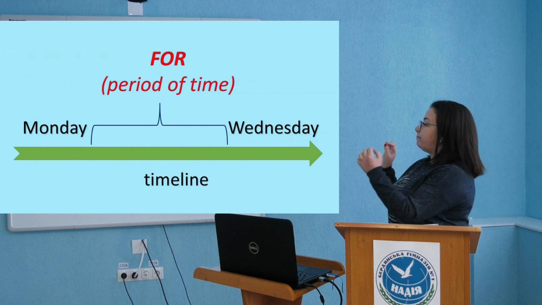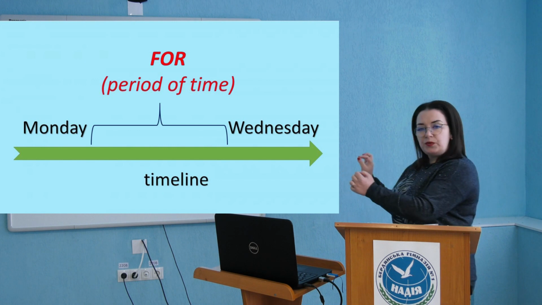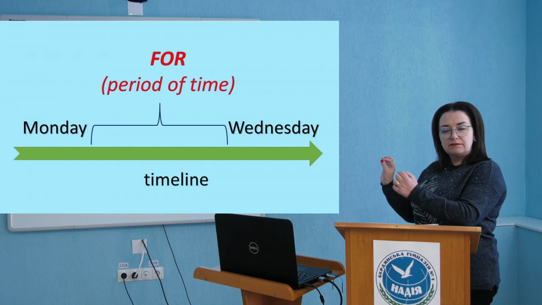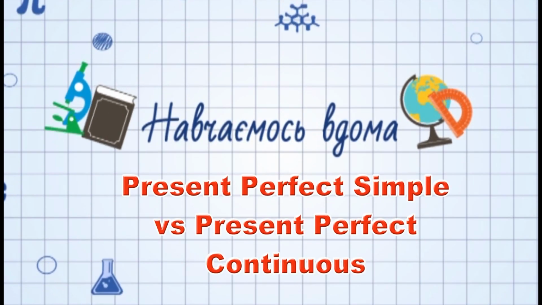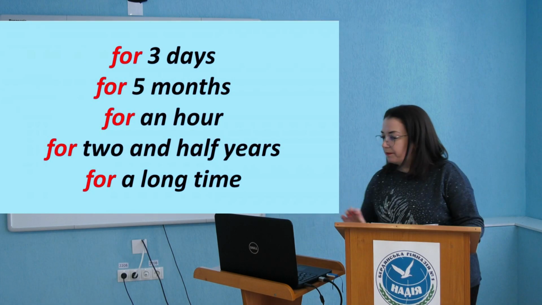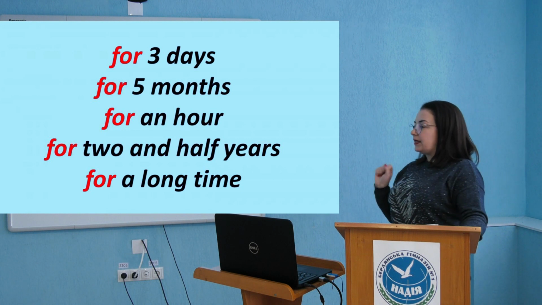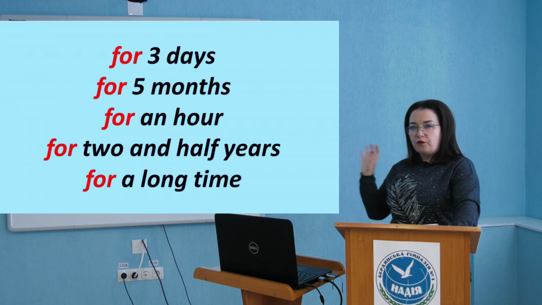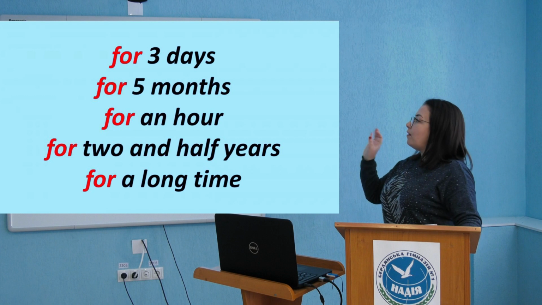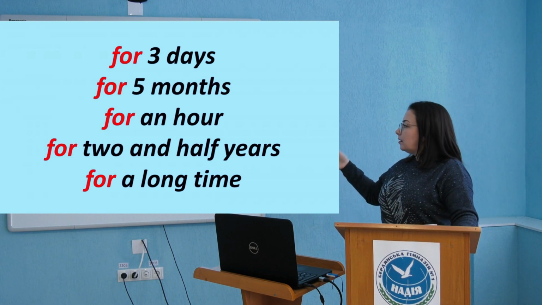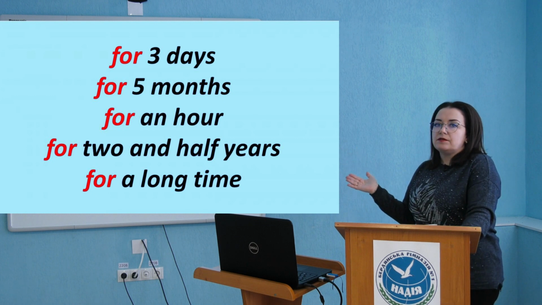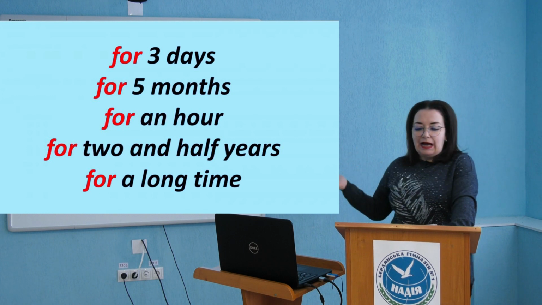Focus is on the period of time between these days. You see? For example, for 3 days, the period of 3 days. For 5 months, for an hour, for 2.5 years, for a long time.